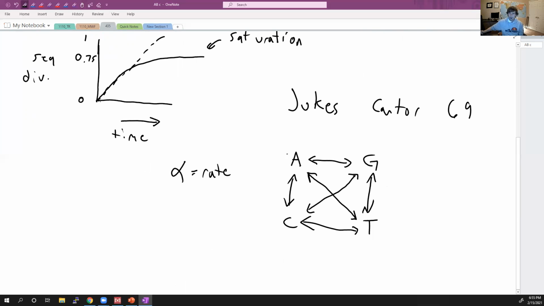There's also a probability that A will stay as A, G will stay as G, T will stay as T, and C will stay as C. So we have this additional complexity of taking into account unseen changes.